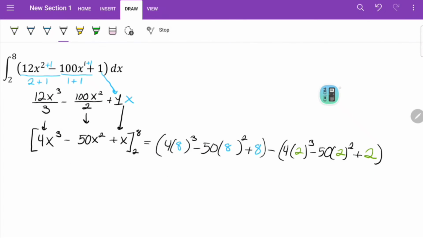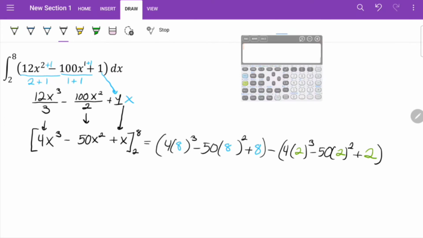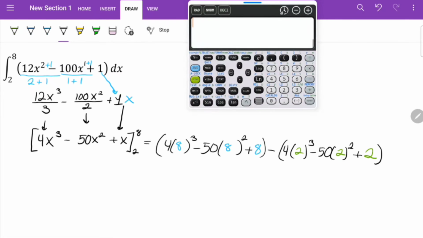All right, so let's plug this into our calculator and get our answer. Do one set at a time. So that's going to be 4 times 8 to the third power minus 50 times 8 squared, plus 8, which is over here. So that's going to be negative 1,144.